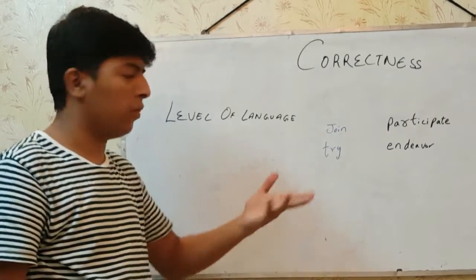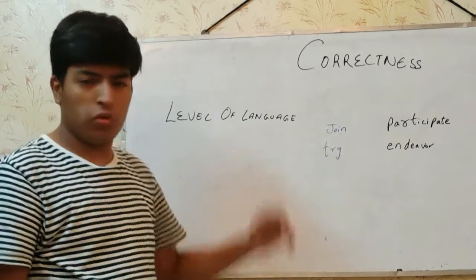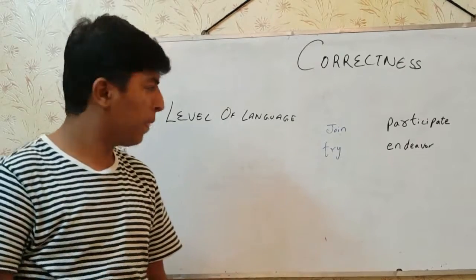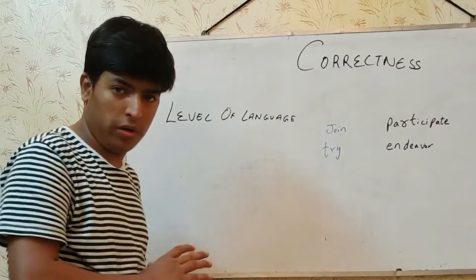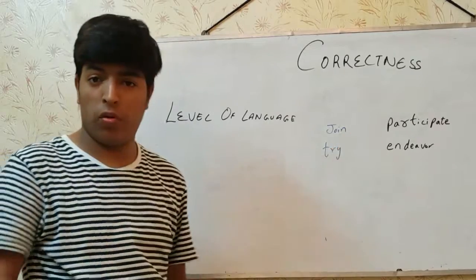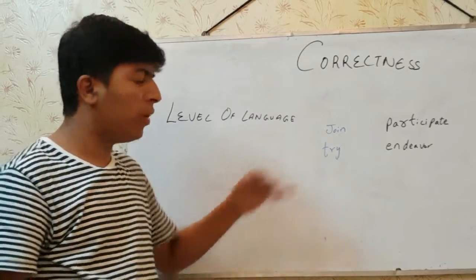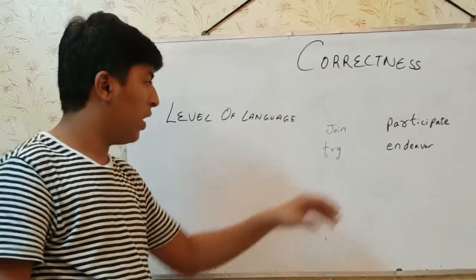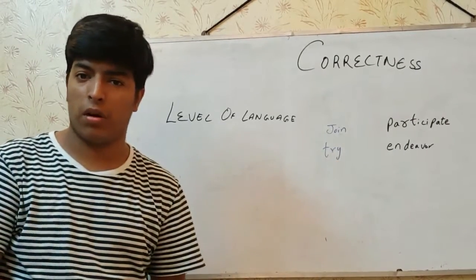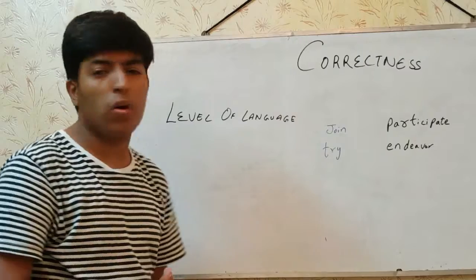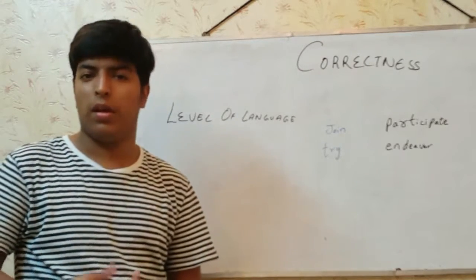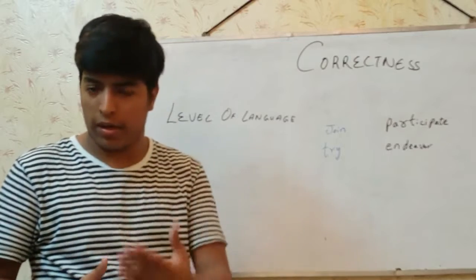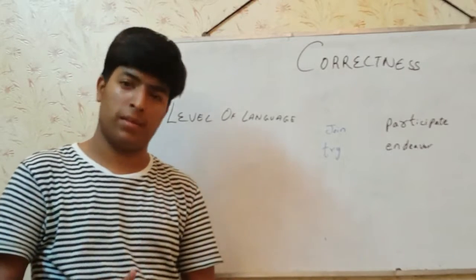For instance, "join" is a less formal word, so you can use "participate" rather than join. This is a more formal word. Moreover, you can use "endeavor" rather than "try." So this is how you can correct your sentences and ensure correctness in your communication skills.